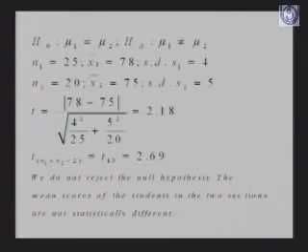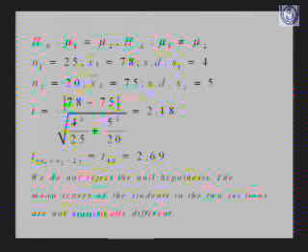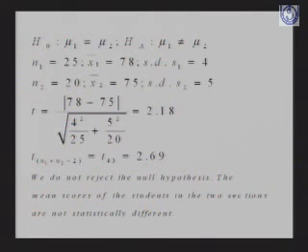Let me now take a second example in which I have two sample means calculated, and both refer to the scores of students in a test administered in two separate sections. The average marks scored are 78 and 75, and my sample sizes are 25 and 20. The two standard deviations are 4 and 5.